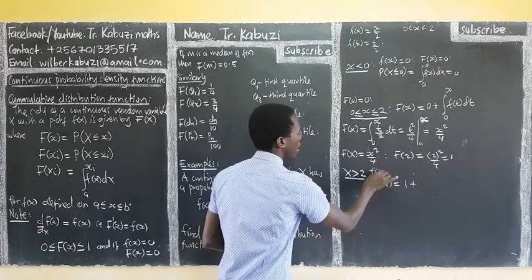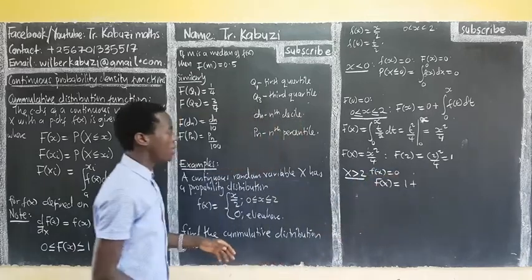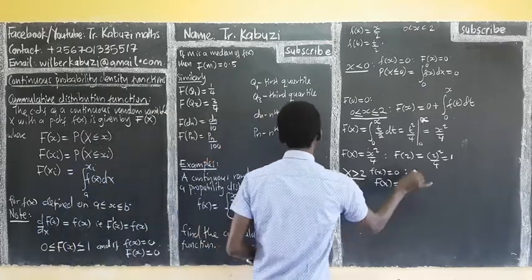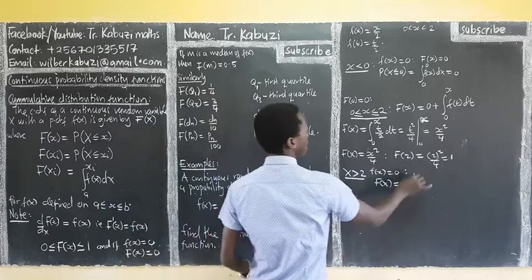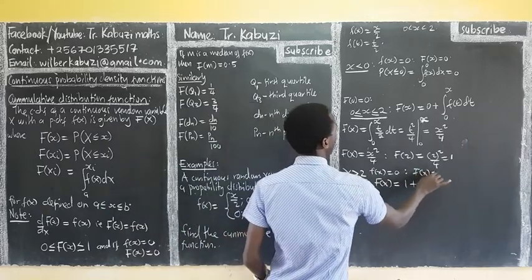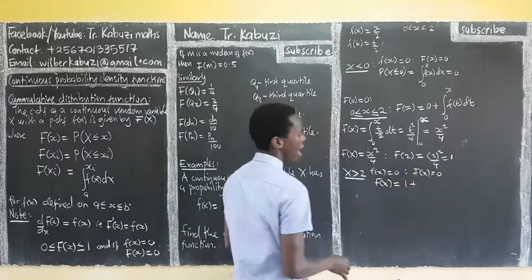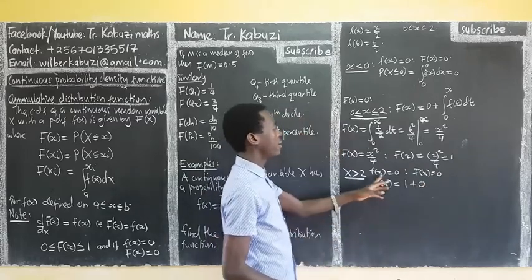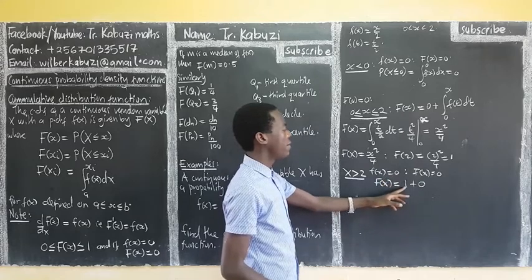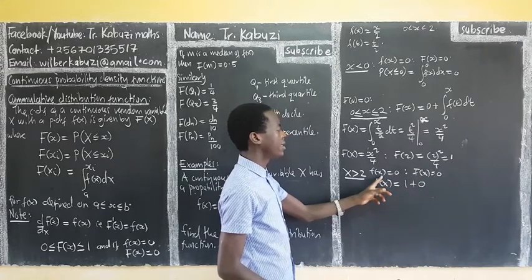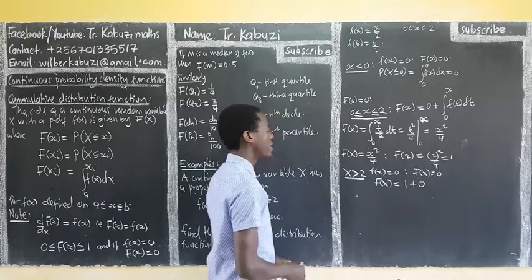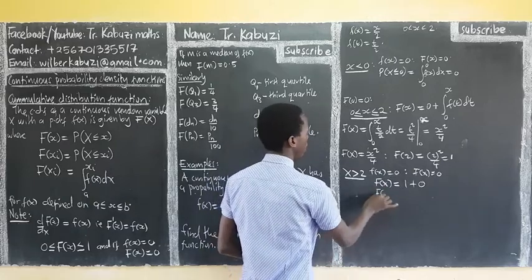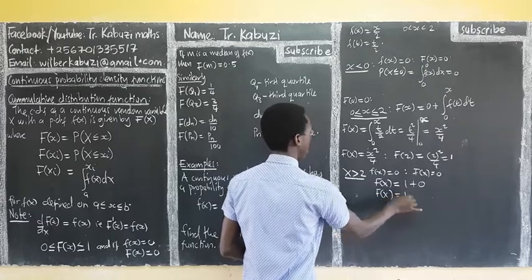If f of x is 0, then the integral is 0. So on this interval we add 1 plus this 0, and above 2 our capital F of x is still 1.